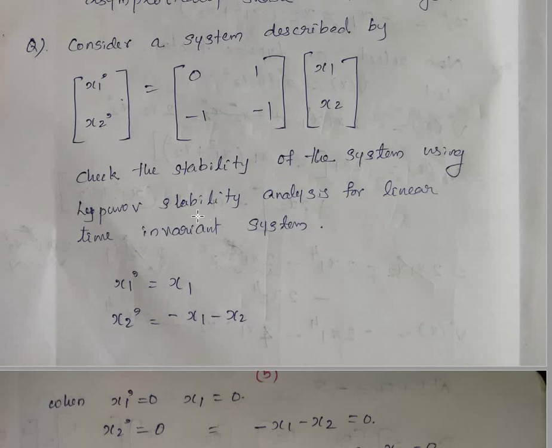If this part, that is Lyapunov stability analysis for linear time invariant system, is not given, you can continue the analysis as in the previous lecture, that is Lyapunov stability lecture 1. But here the approach is somewhat different.